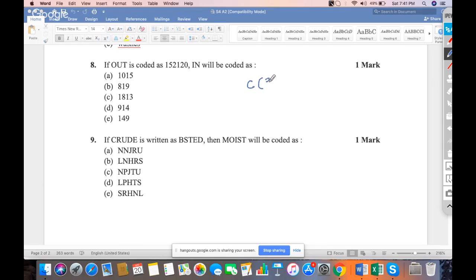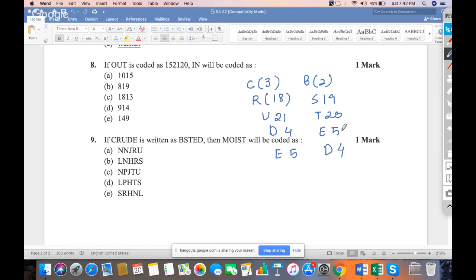C is 3, B is 2, R is 18, S is 19, U is 21, T is 20, D is 4, E is 5, and E is 5, D is 4.